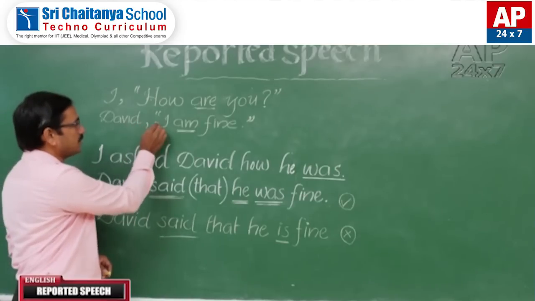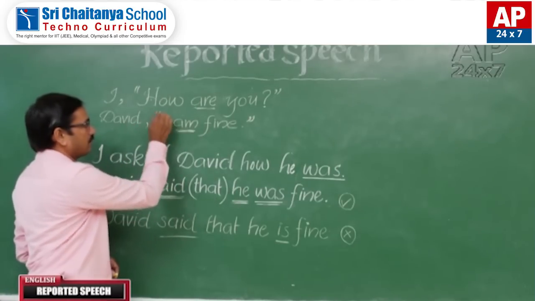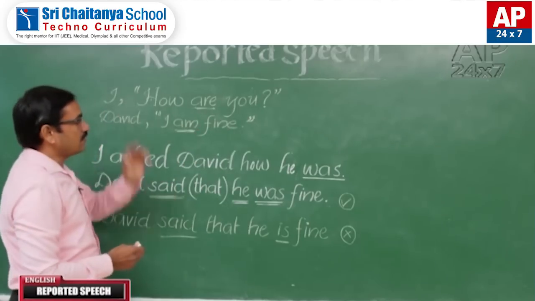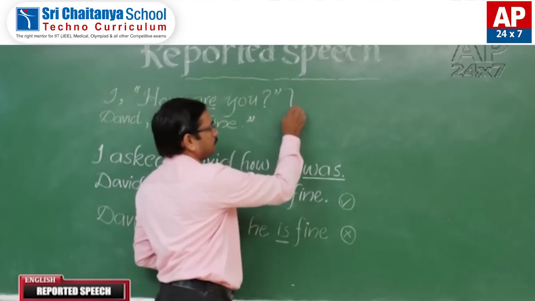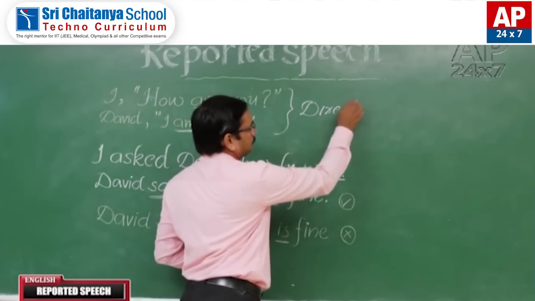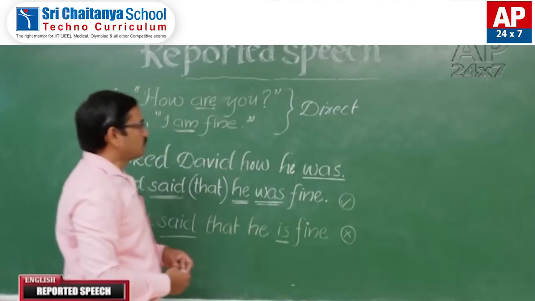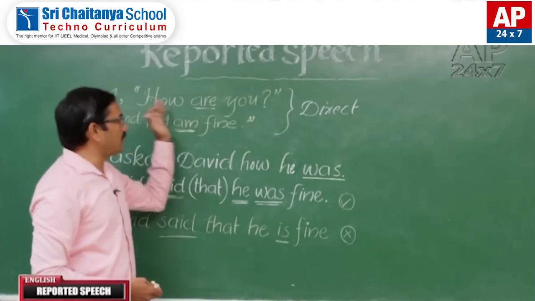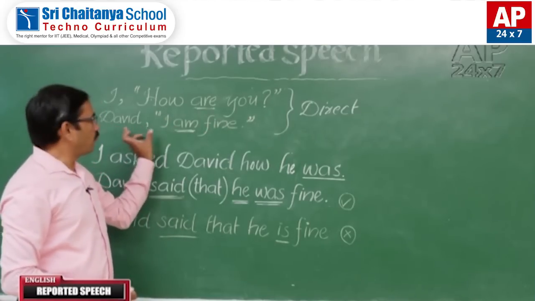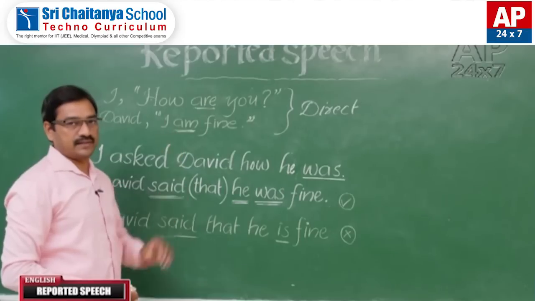And David replied, "I am fine," within the quotation marks. So this is the direct speech. We have used the quotation marks, so these are the original words of the speaker. What he said, "I am fine," is the direct speech.